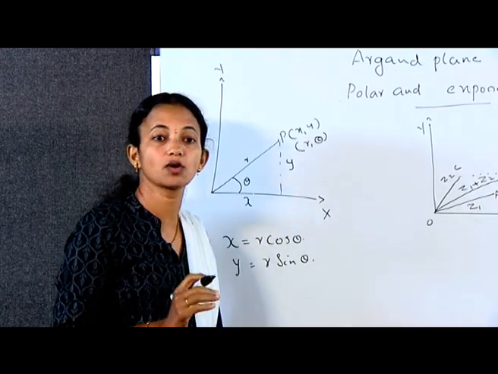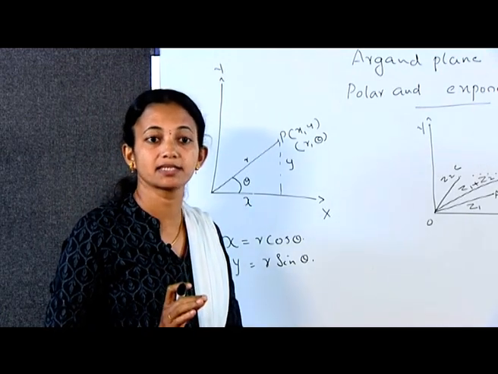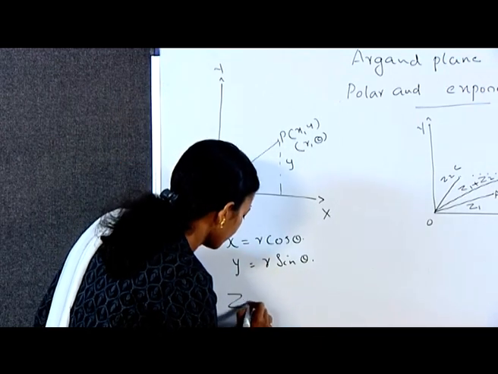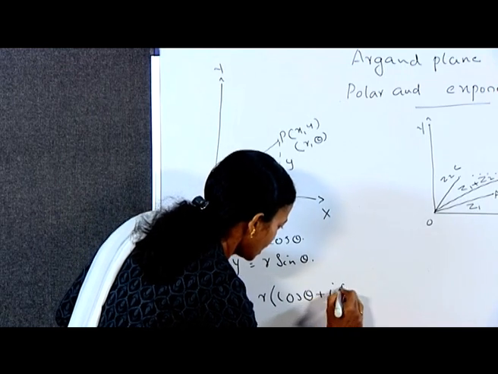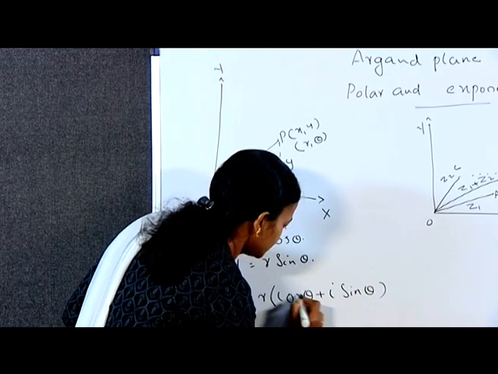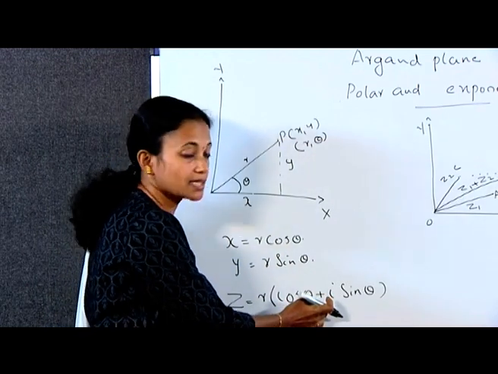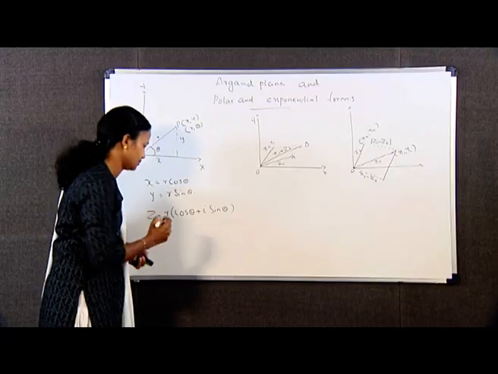Then a non-zero complex number z is equal to x plus iy takes the so-called polar form. That is, z is equal to r (cos theta plus i sin theta). Sometimes cos theta plus i sin theta is abbreviated as cis theta.